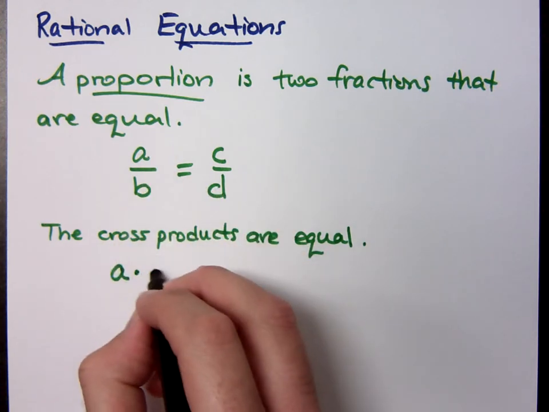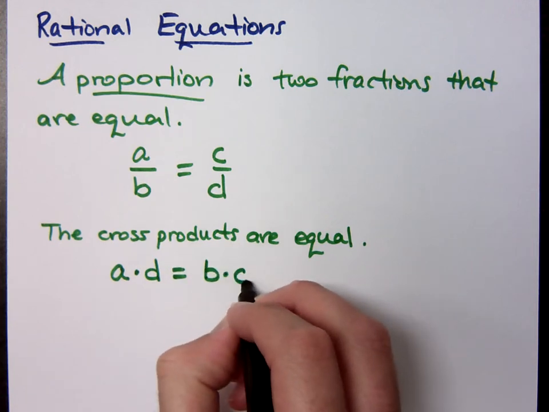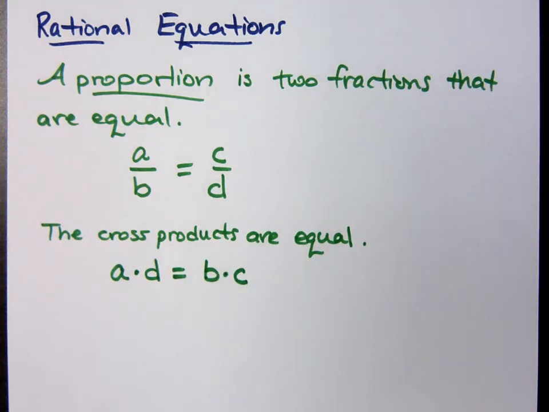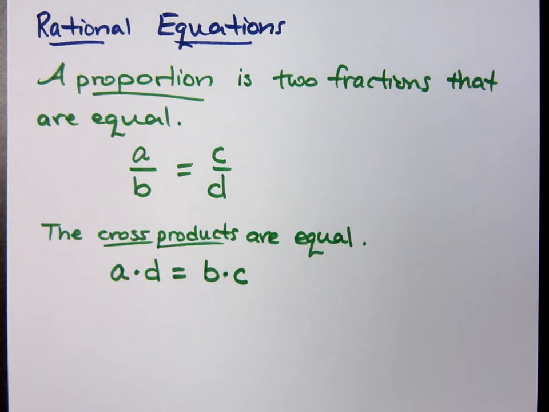So that means that A times D is equal to B times C. That's what we mean when we talk about cross products. Please do not say cross multiply, because that is really tied to something else. I just don't even like you saying cross multiply, because every time you say it, you're not doing it right. So what we're saying here is the cross products are equal.